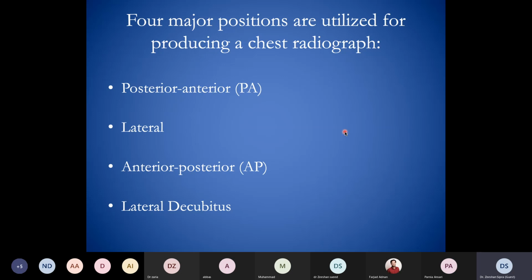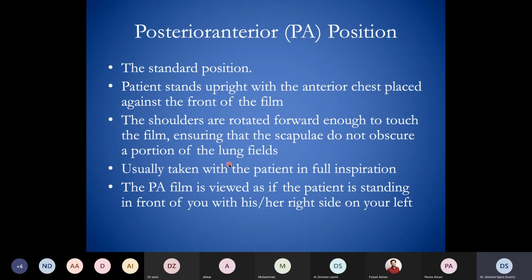The common view we obtain is the posteroanterior view, the PA view radiograph. The usual purpose of a lateral radiograph is to look at small pleural effusion. And AP radiograph is used in bed-bound patients where we cannot obtain a PA view, so we can have an AP, anteroposterior view.